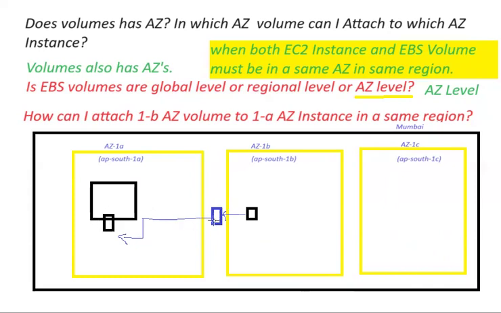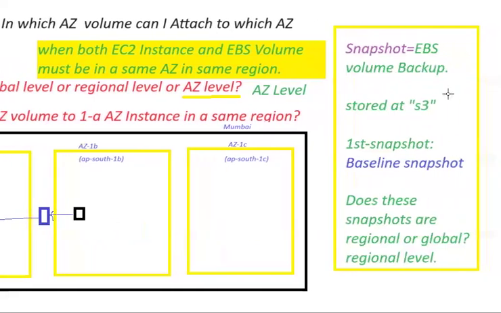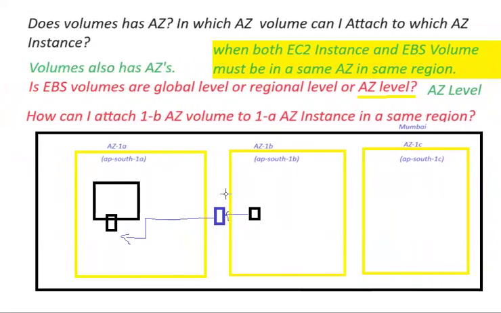What is a snapshot, sir? It is nothing but a backup of volumes, right? So from this backup of the volume, from this snapshot, you can create a volume in this availability zone. And after creating it, you know how to attach it to this EC2 instance, that is, just mount your volume to the instance.